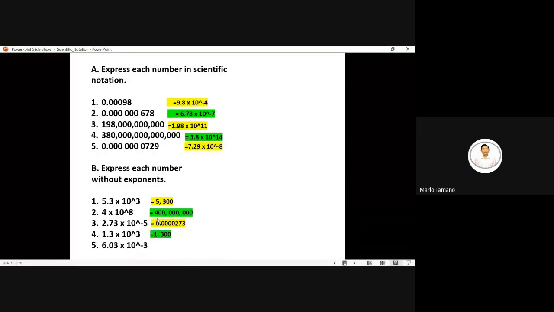Dalawang zeros. 0.000603. Wait lang, sumobra na. Ulit. 0.00603. Yan. Galit ka na ba? Huwag mo akong pagalitan. Okay? Imelda, peace be with you.